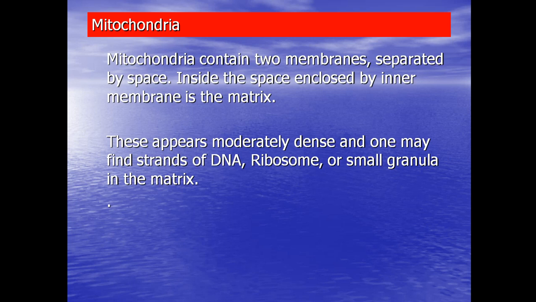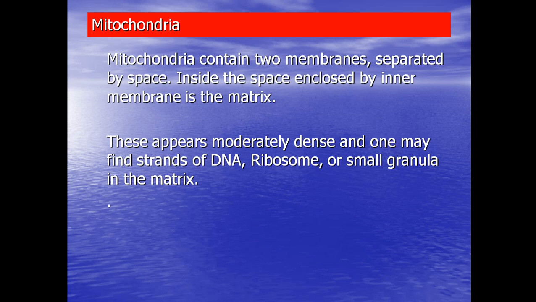Inside the inner membrane, there is a large space. That is known as the matrix of the mitochondria. In this matrix, which is moderately dense, you can see strands of DNA, ribosomes, and small granules.